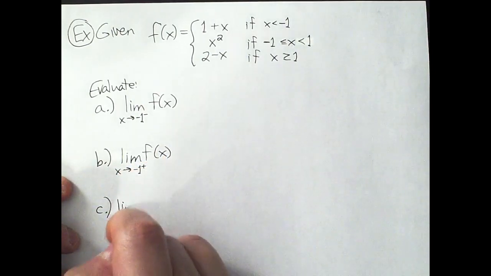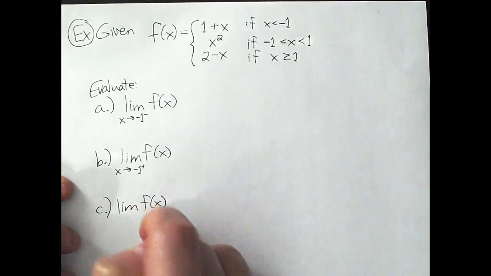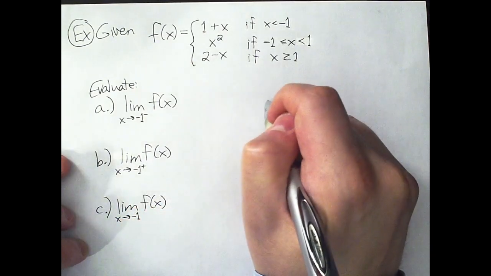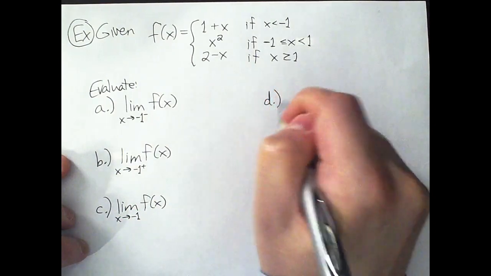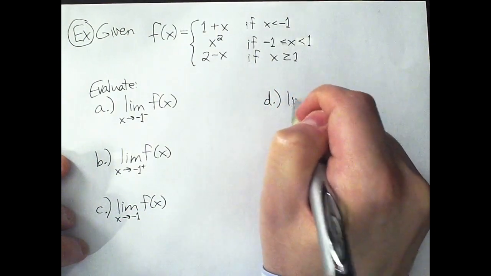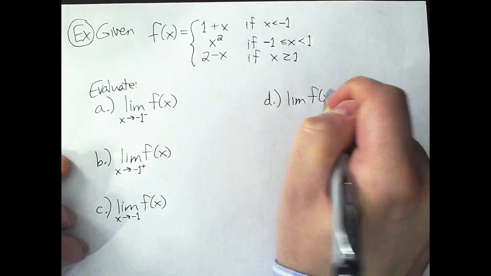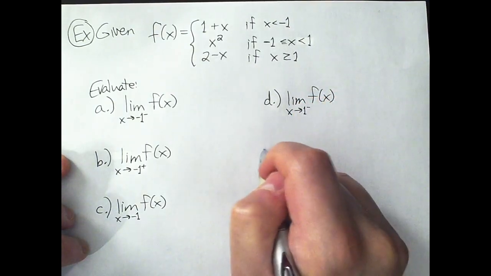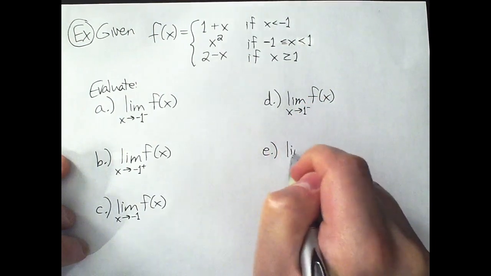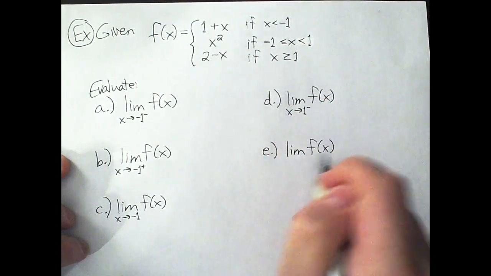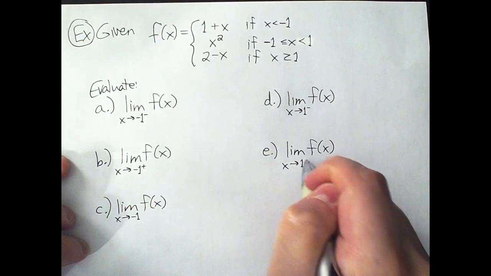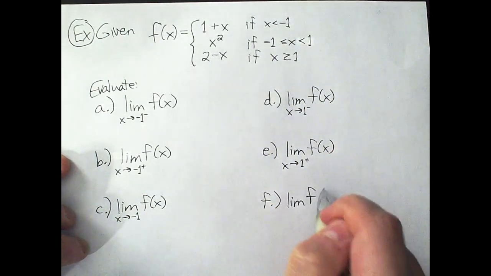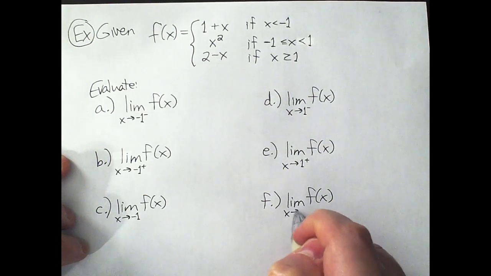This one is going to be x goes to -1. And let's get 3 more of them over here. Limit f of x as x goes to 1 with a little minus sign. Limit f of x as x goes to 1 with a little plus sign. And finally, limit f of x, x goes to 1.